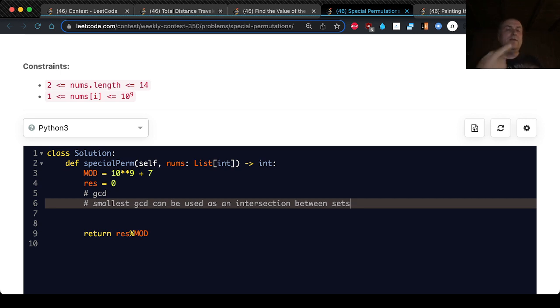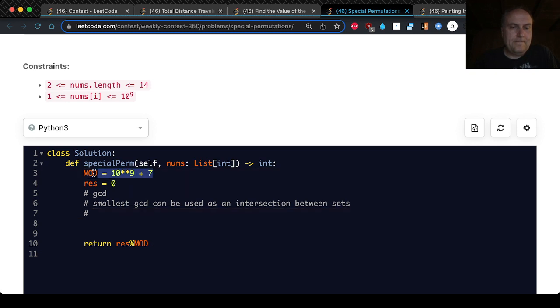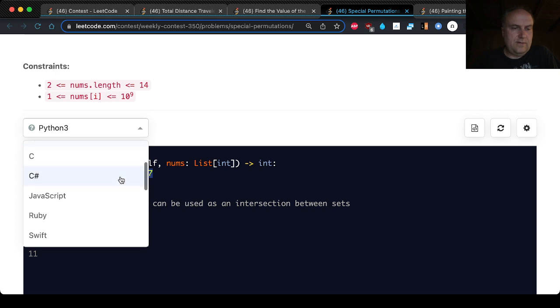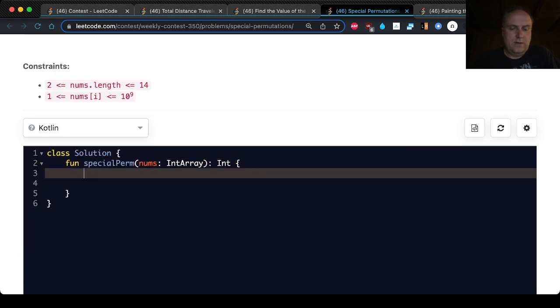So we try to get rid of the biggest items first, maybe. So we have a priority queue. I'm going to do it in Kotlin. I don't have time anyway. But okay, so here.